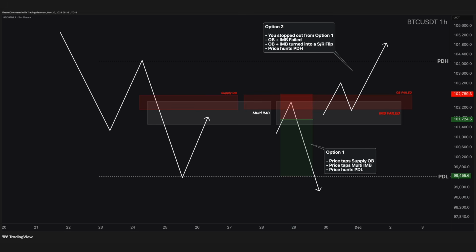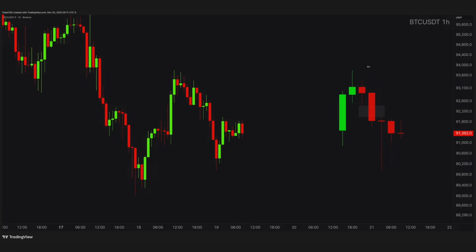What usually happens after you get stopped out is that the failed order block and the imbalance can flip into a support and resistance zone. And it can actually help guide you to your new direction toward a fresh target like the previous day's high above. And this is exactly how you adjust your bias and switch direction on the go when a trade fails or you get stopped out. Let's check out this Bitcoin chart.